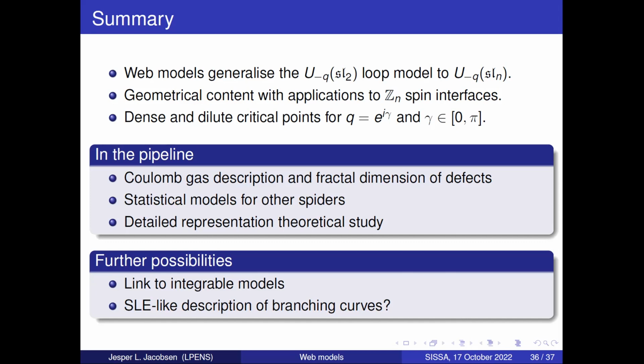And does this generalization to SL3 depend on the trivalent nature of the hexagonal lattice? So if you generalize to other n, will it have to be on other lattices? So all of this works well when it's a cubic lattice. And the reason that we chose this specific lattice was in order to get a model that resembled as closely as possible the nicest version of the loop model that exists, which is the one on the hexagonal lattice.